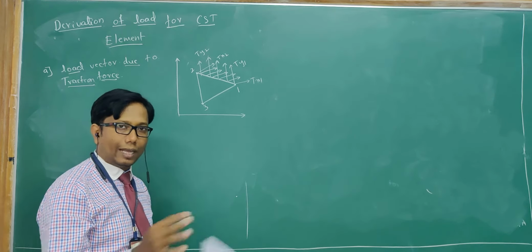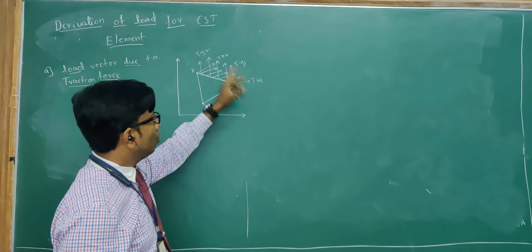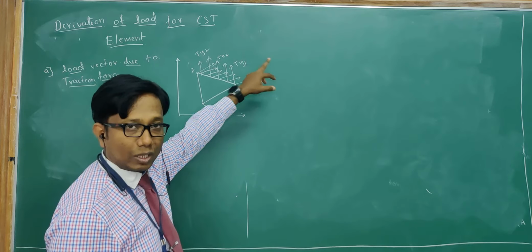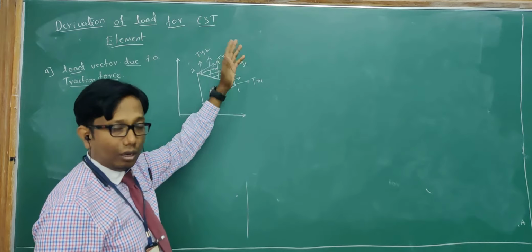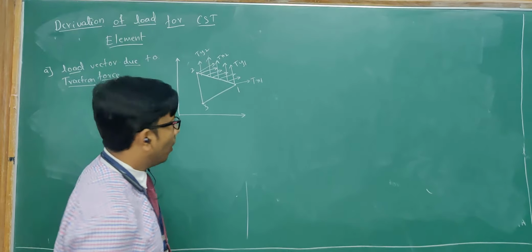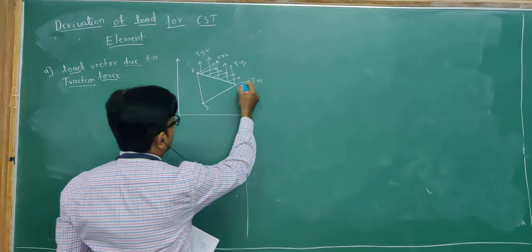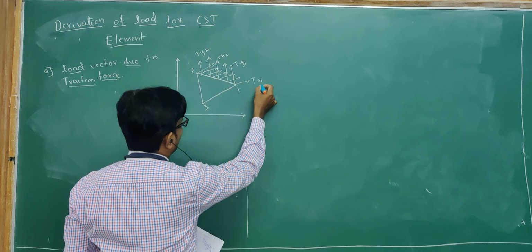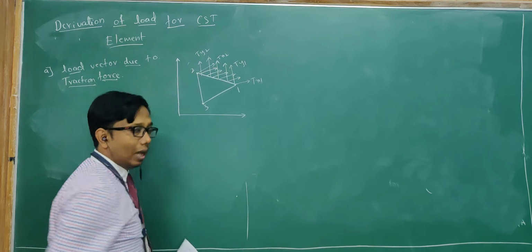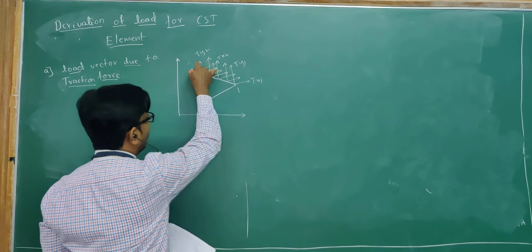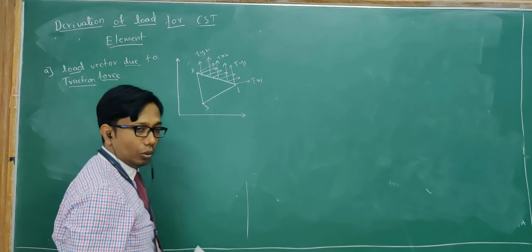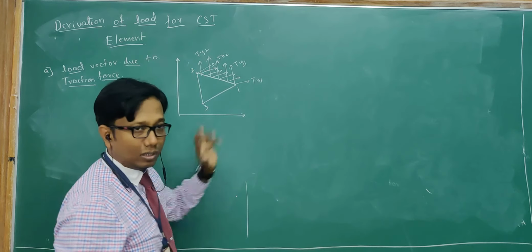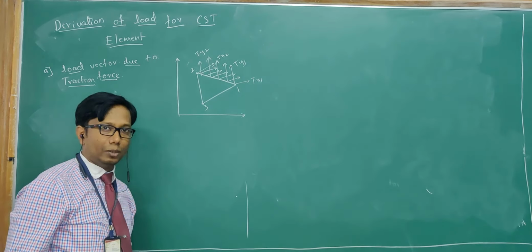The traction force can be resolved into Tx, acting along the x-axis, and Ty, acting along the y-axis. So we have shown a distributed load with magnitudes Tx1 and Tx2, Ty1 and Ty2 at node 1 and node 2. These are the components we have in this particular case.